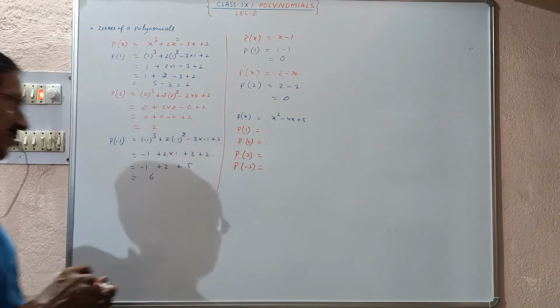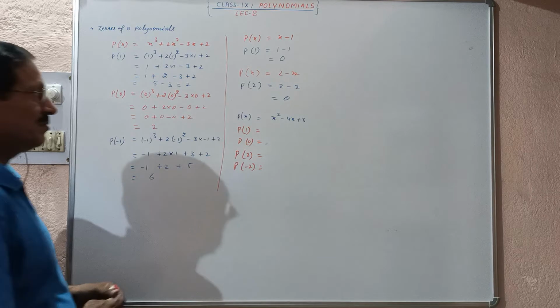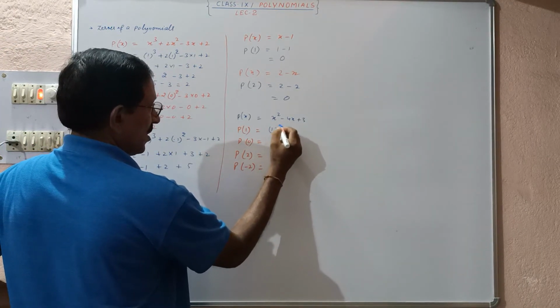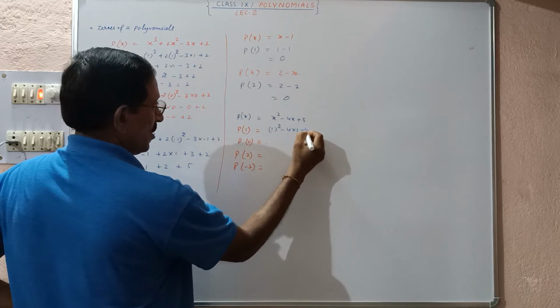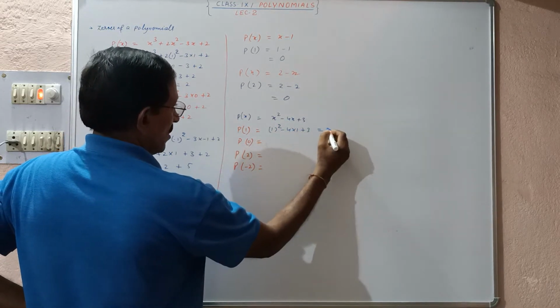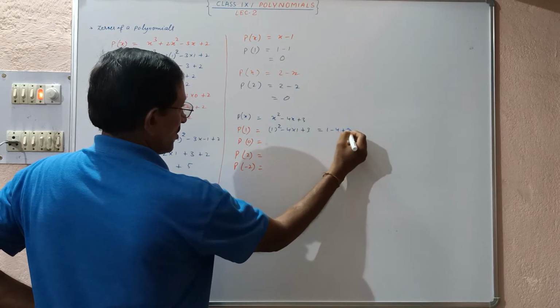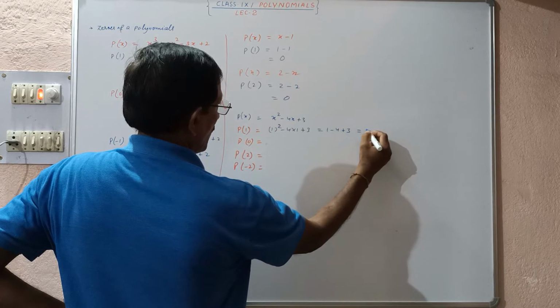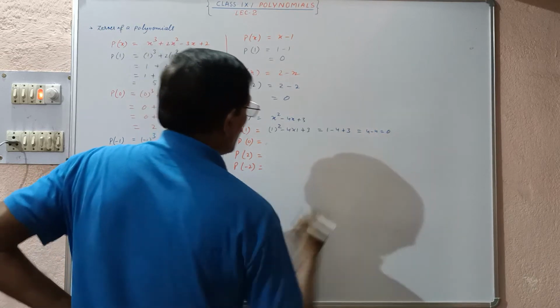I want to find it. How do we find p(1)? In place of x we put 1, that is 1 square minus 4 into 1 plus 3. Here its value will be 1 minus 4 plus 3, that is 3 plus 1, 4 minus 4, which is equal to 0.